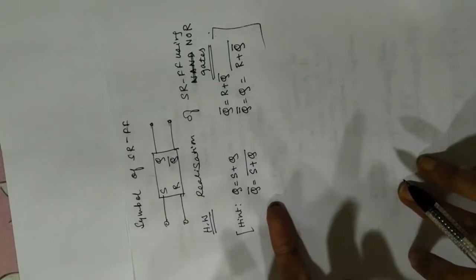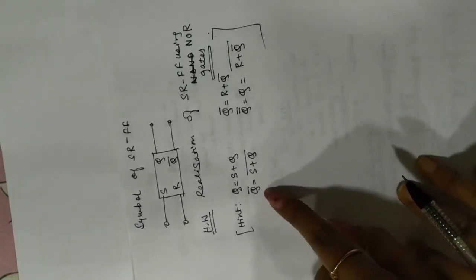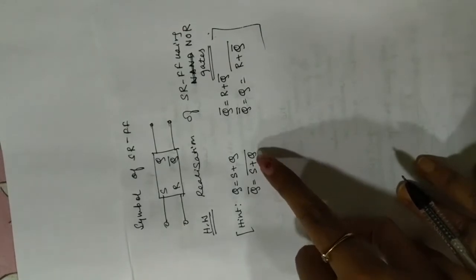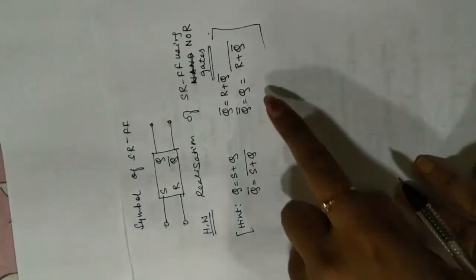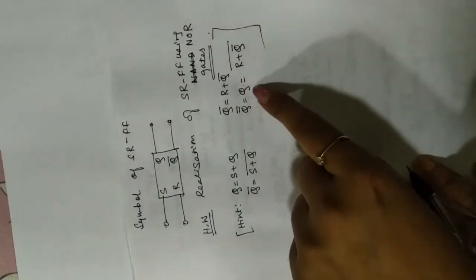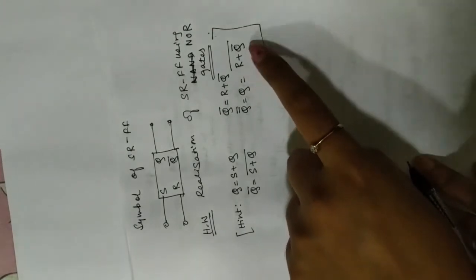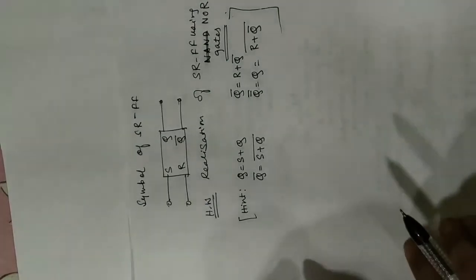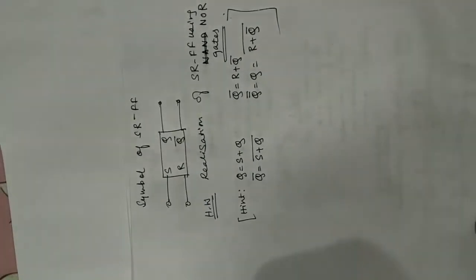So it is already solved. Just look at the equation. If you want to find Q bar, all you need to do is pass S and Q through a NOR gate. If you want to find Q, all you need to do is pass R and Q bar through a NOR gate. So it's a very simple circuit, it will take 2 minutes. So this is your homework.